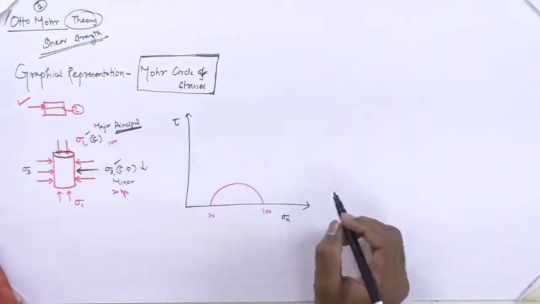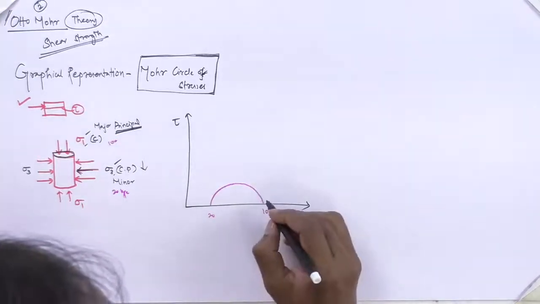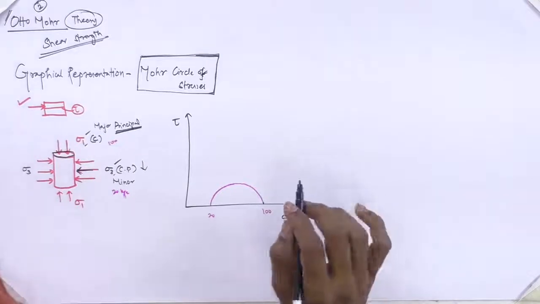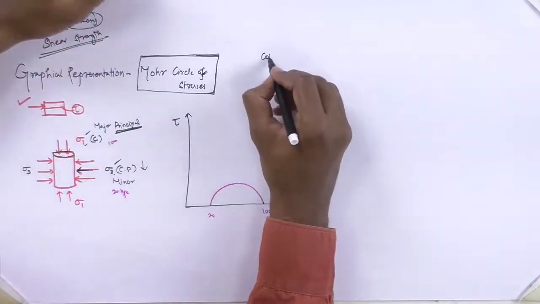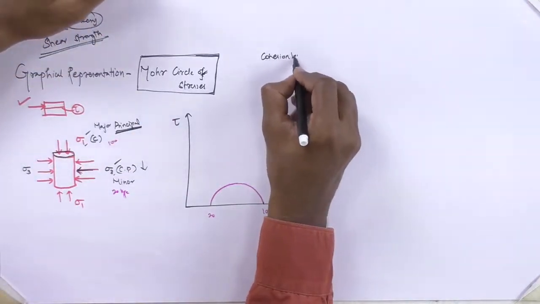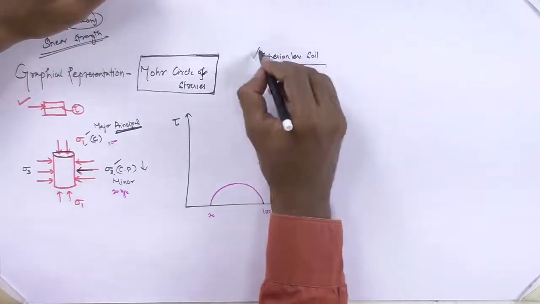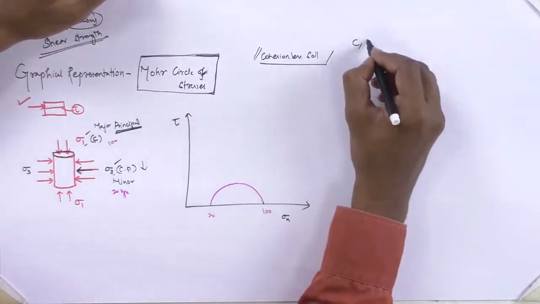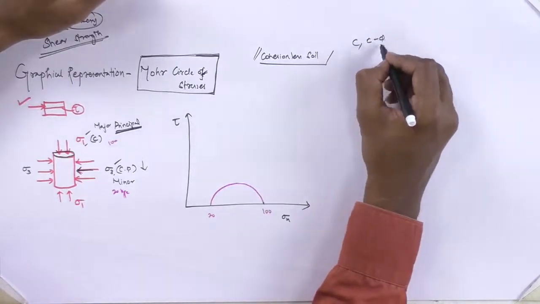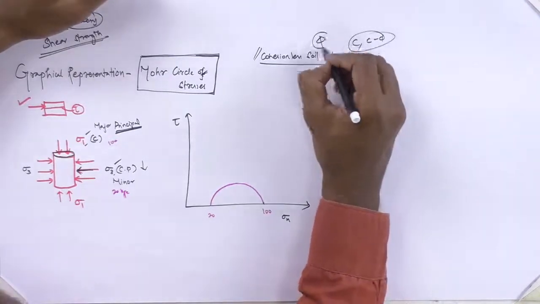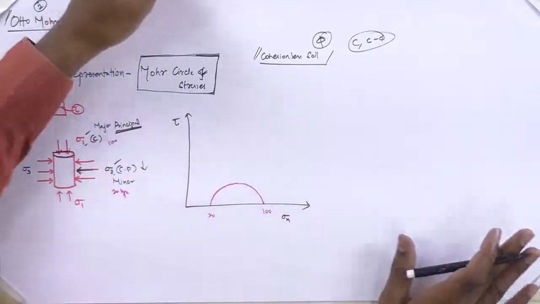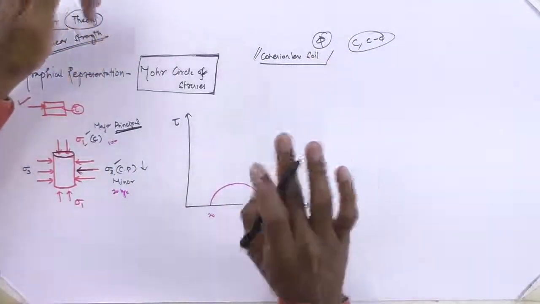This is the circle we get. He has taken only a cohesionless soil, a phi soil, not a c soil or c-phi soil. Phi represents cohesionless soil.